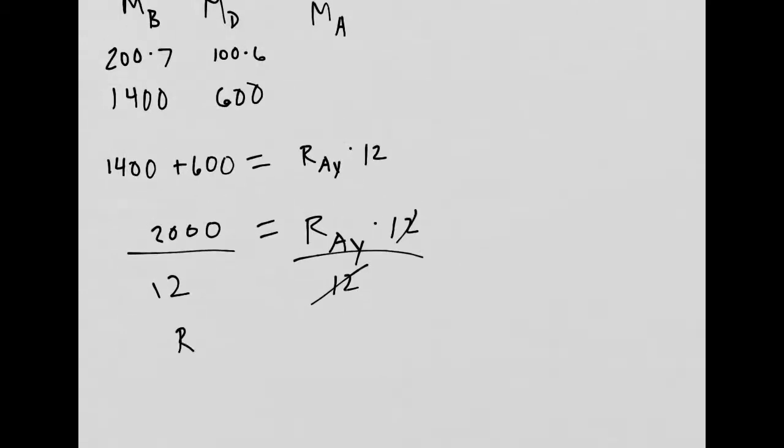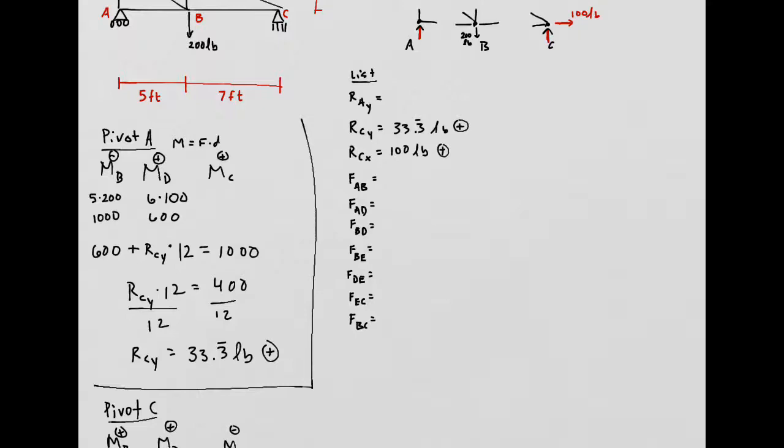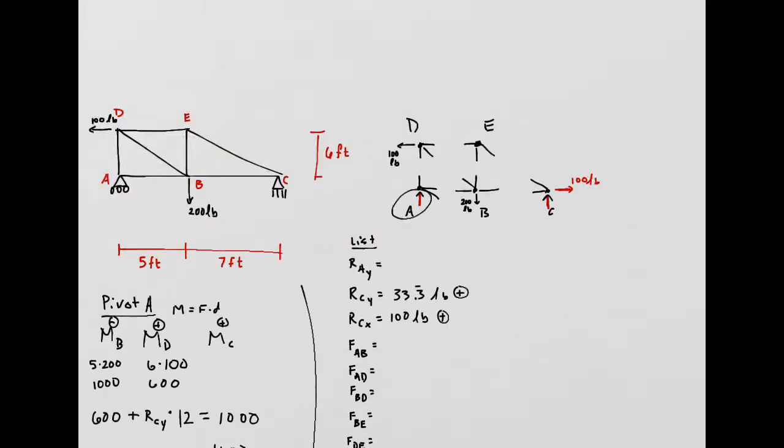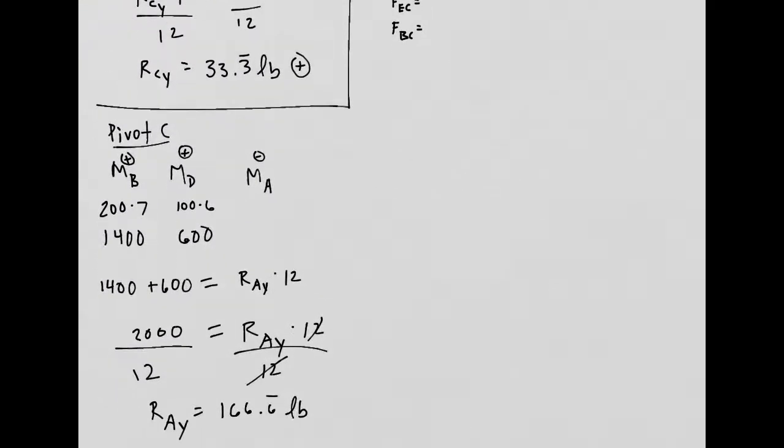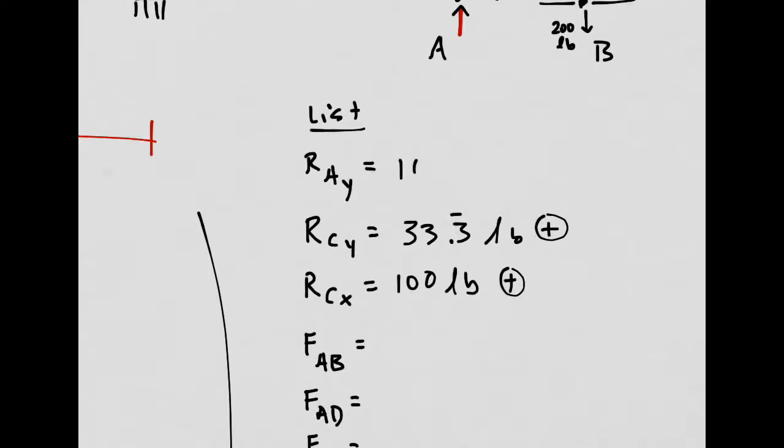So RAY is equal to 166.6 repeating pounds. And we decided it's a positive direction. So we have RAY, 166.6 pounds of force in the positive direction.